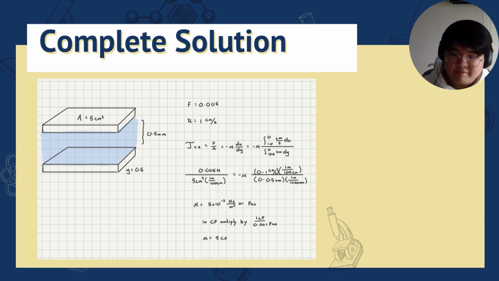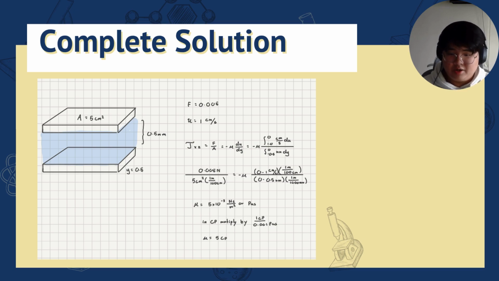This is the derivative of the velocity over the derivative of the distance. In this case, the velocity that was given in the problem was 1.0, so the upper limit is 1.0 and the lower limit is 0. By integrating this, we get the formula of upper minus lower.